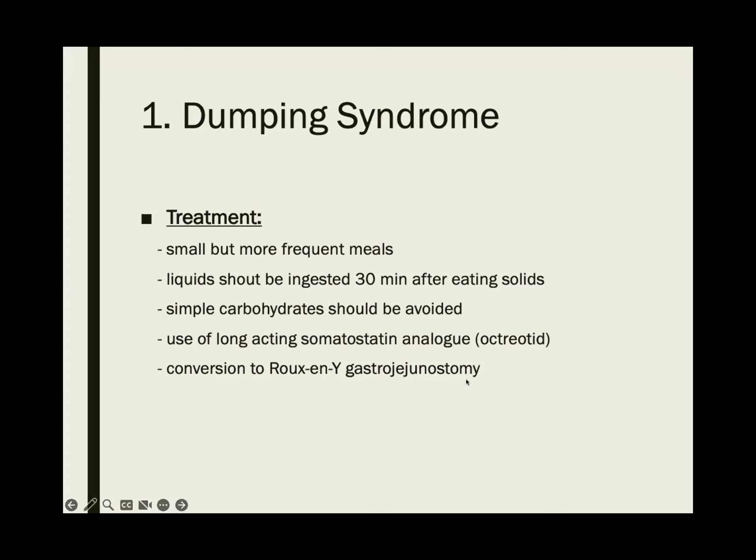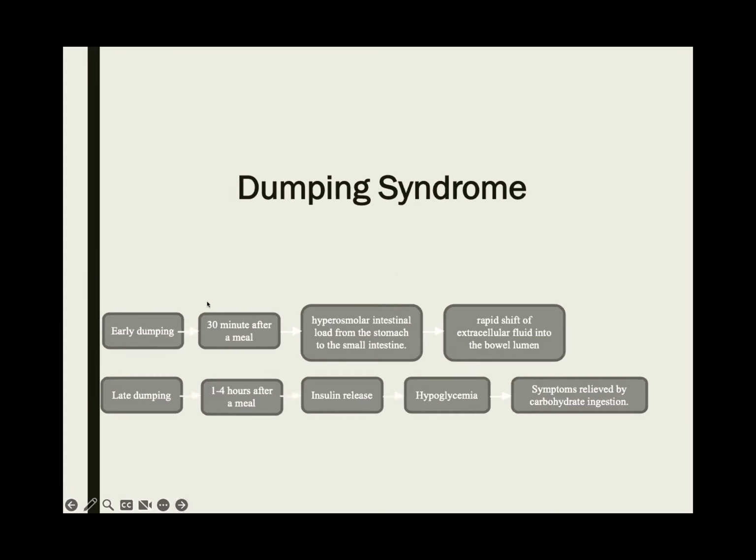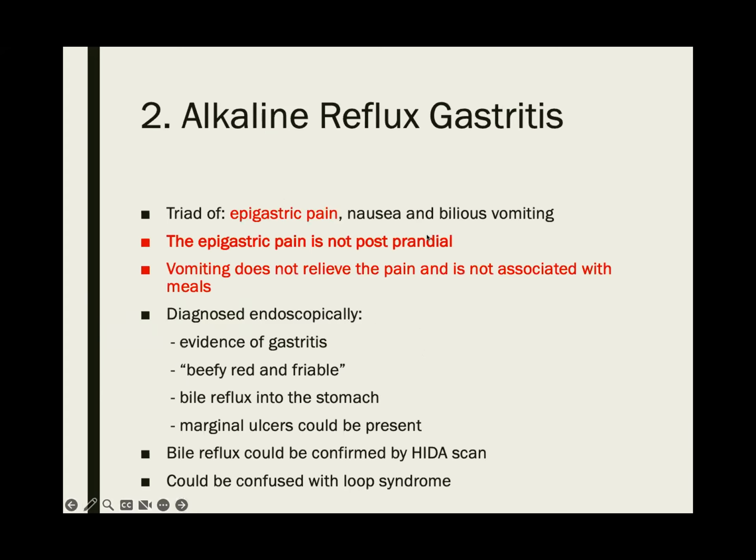But again, the last two lines are not of importance to you guys. So you have to understand the first three lines. All right, so this is again the differentiation between the early and late dumping. So this is all we explained right now.